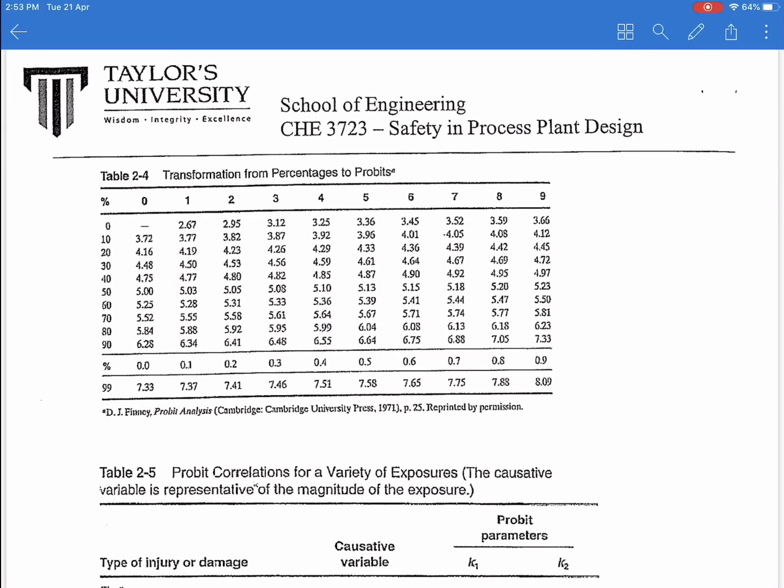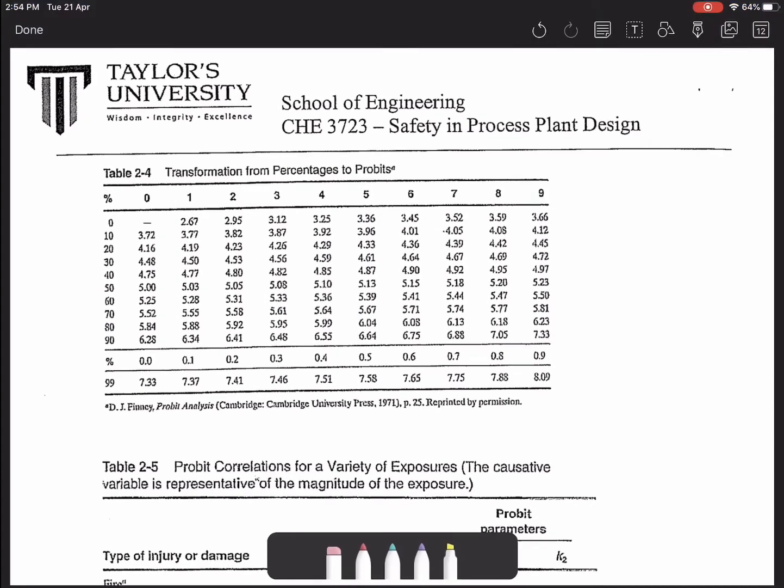If we are talking about 1% death, we are looking at the Y value of 2.67. So any value lesser than 2.67 is the value that we can use.